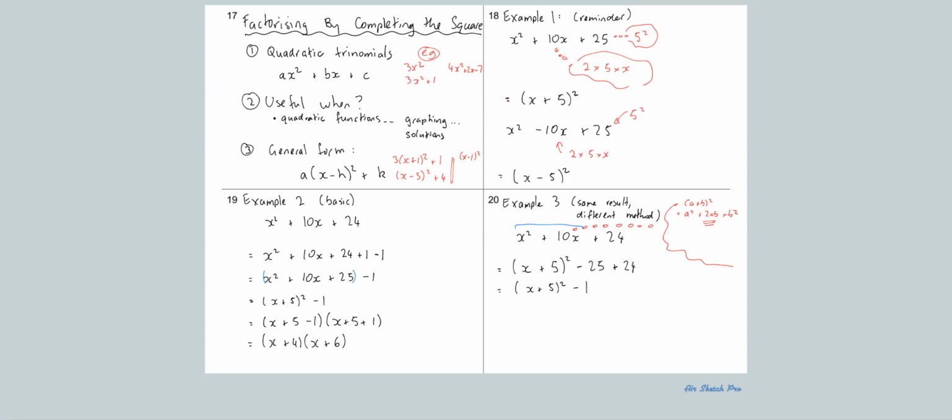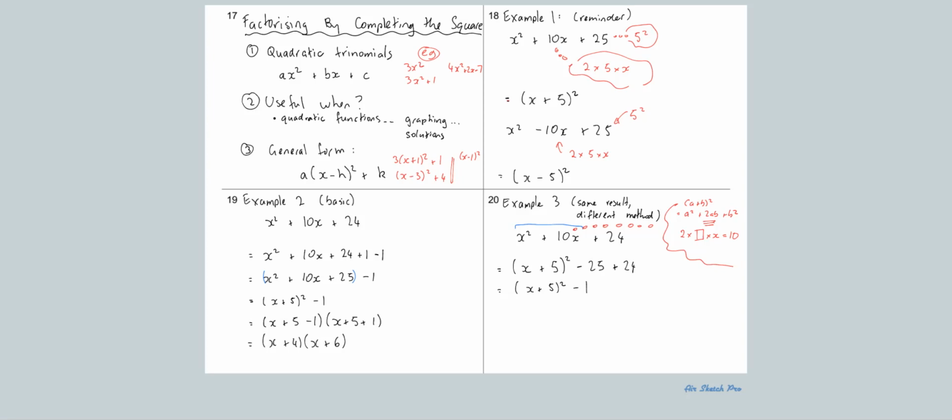So the middle term is 2 times a number times the other number. Now, in quadratic trinomials, a is always x effectively. And so you've got 2 times what times x. And if you have a look here, 10 is 2 times what times x.